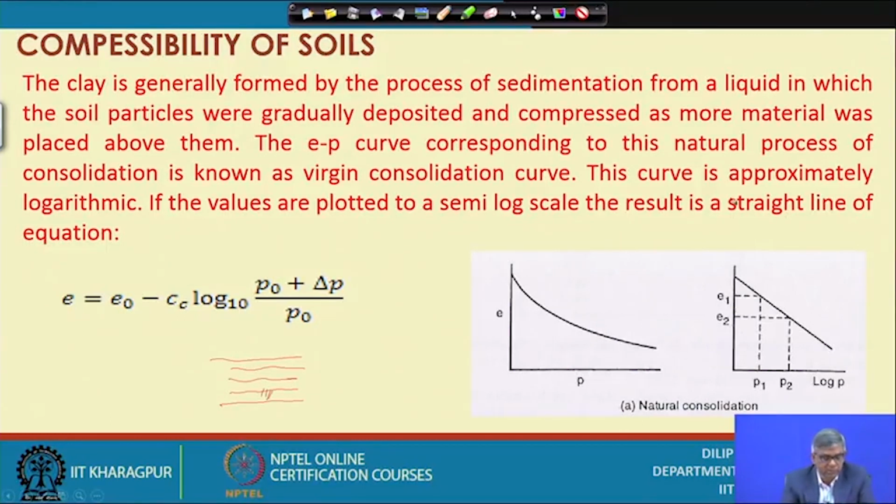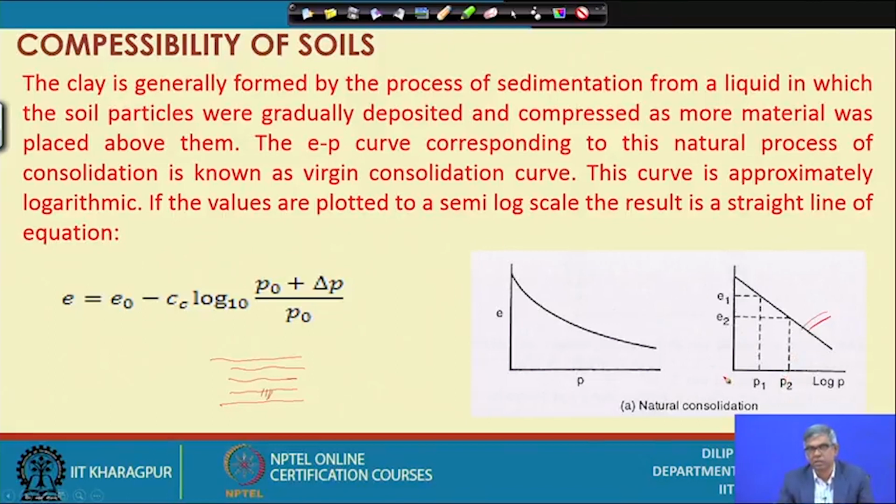If the values are plotted on a semi-log scale, that means instead of e versus p, if I put e versus log p, we get a straight line like this, where P1 and P2 correspond to log P1 and log P2. If I put it on a log scale I can put the values directly, or if it is a linear scale, you have to calculate log P1 and log P2 and then put them.